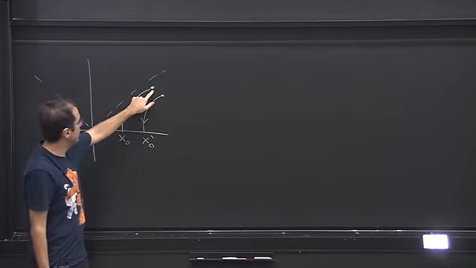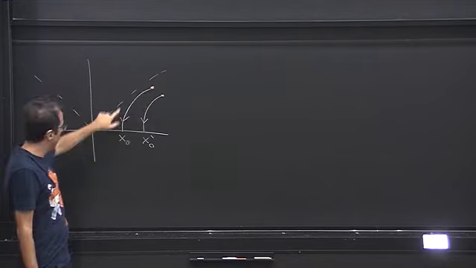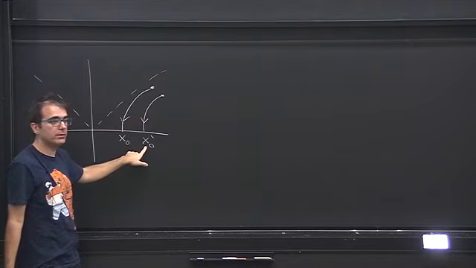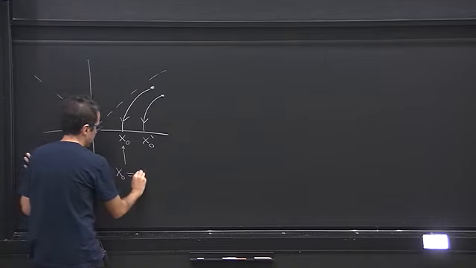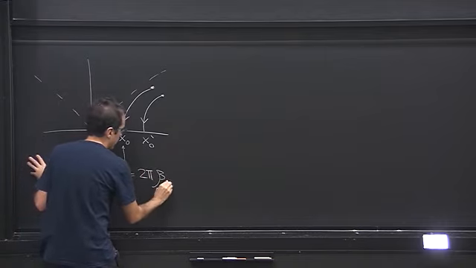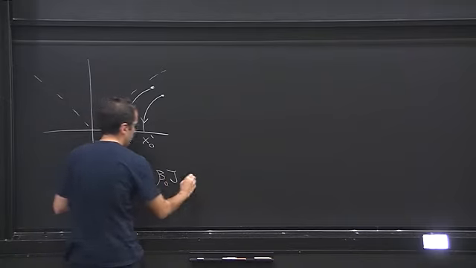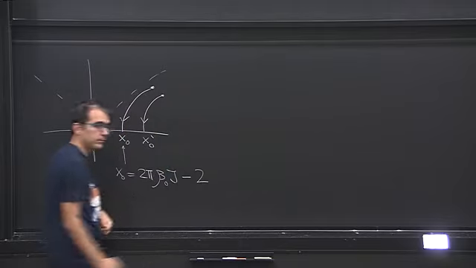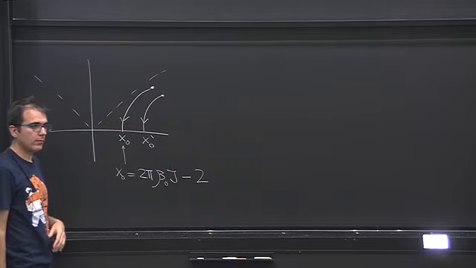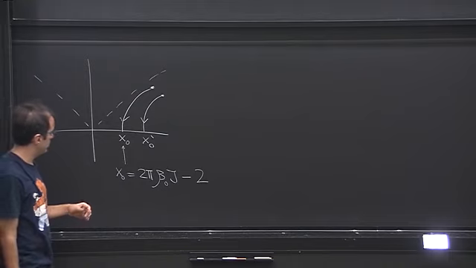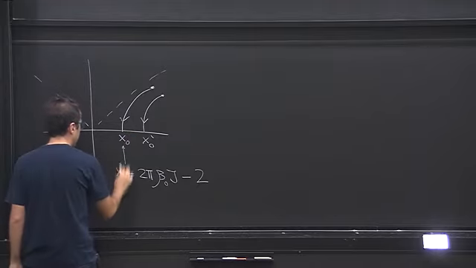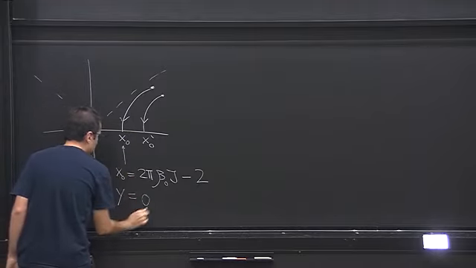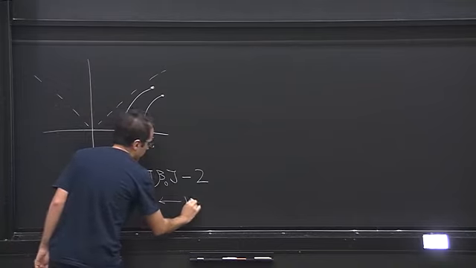And I can compute, given the point that I start from, which x0 I go to. You just compute. And then what is this x0? This x0 is 2 pi beta 0 J minus 2. So this x0 is defining that at this point here, I have y equal to 0, which means no vortices.